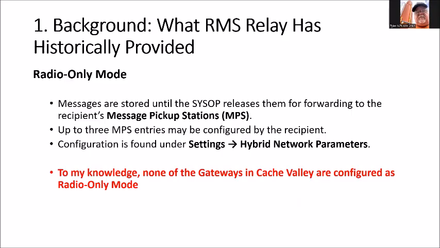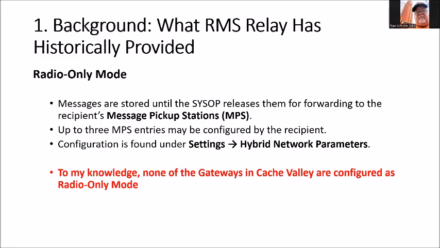Radio only mode, messages are stored until the sysop releases them for forwarding to the recipient's message pickup stations. If you're doing radio only mode, I've never done it, but what I understand, you've got to set up what you want your message pickup stations to be, and kind of guess somehow you've got to communicate that out beforehand.